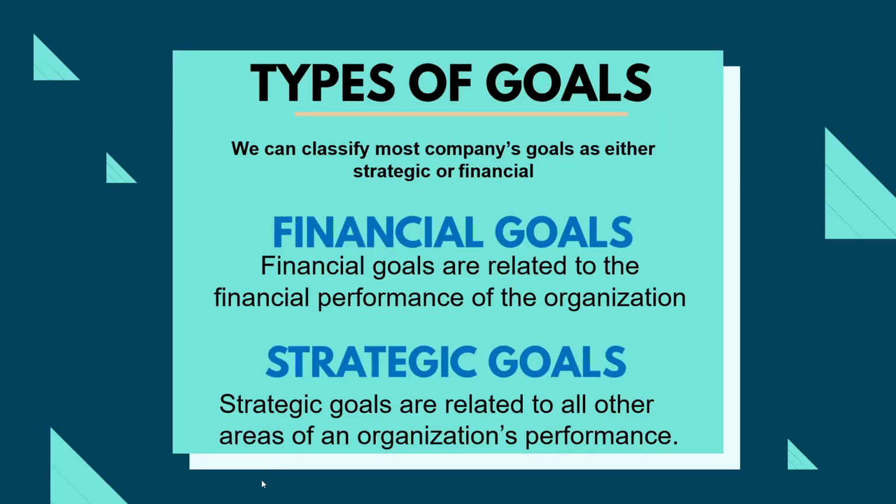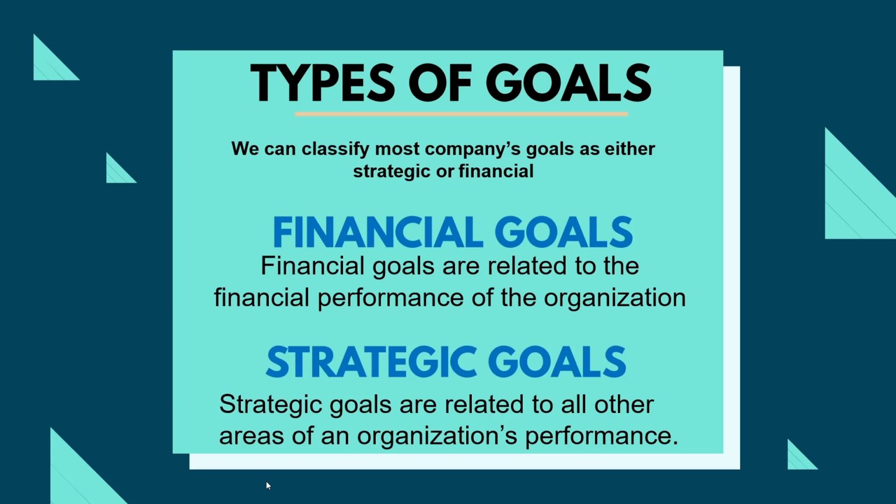Okay. So, punta naman tayo ngayon dito sa types of goals. Usually, there are two main types of goals that companies usually set. Meron silang financial goals, meron silang strategic goals.